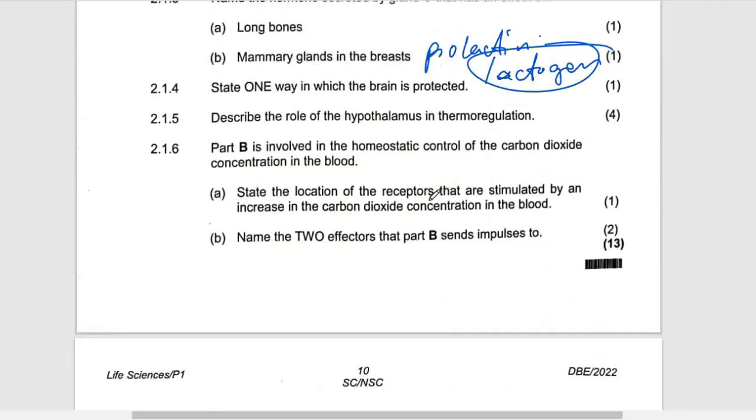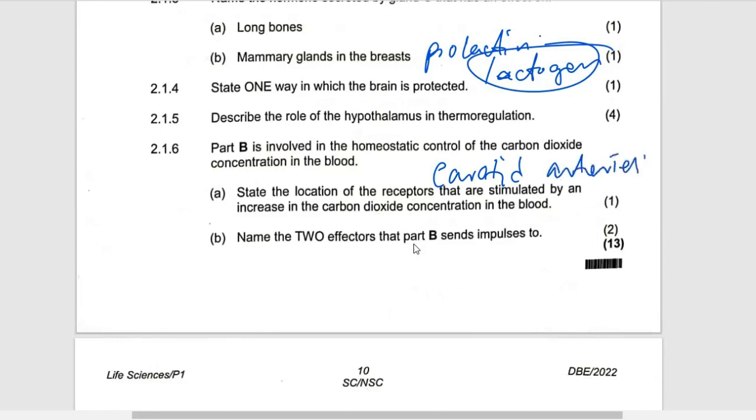The receptors are found in the blood vessels, which we call carotid arteries. These are arteries.